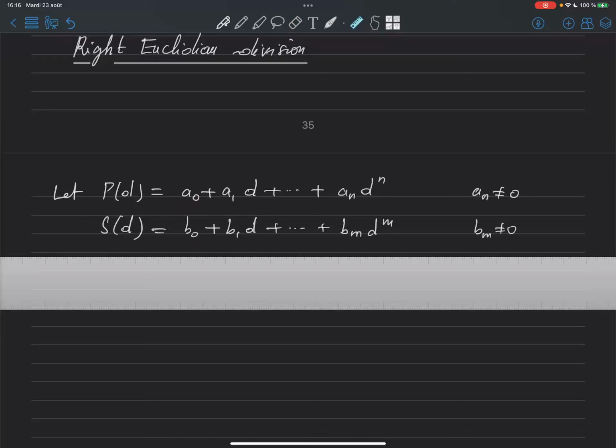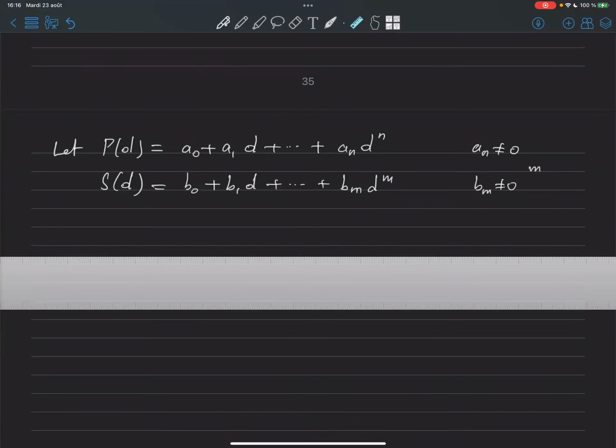Here we will suppose that M is less than or equal to N.